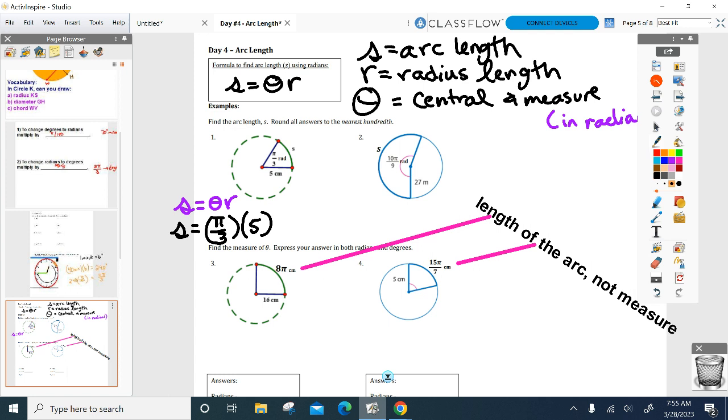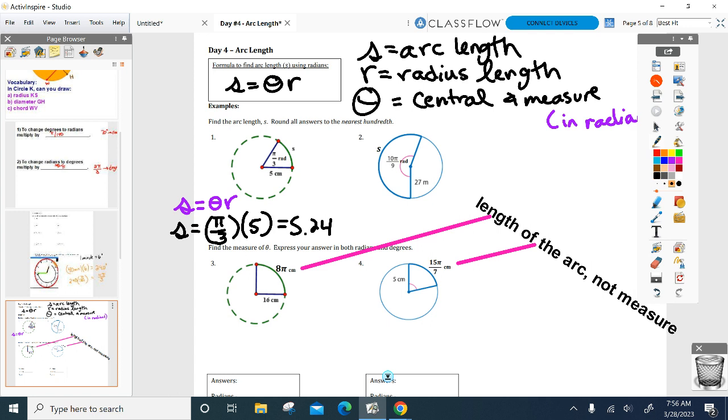What do you got for me, Spence? Nearest hundredth. 5.24. You got it, thank you. 5.24. Again, if you want to attach the units, go ahead.